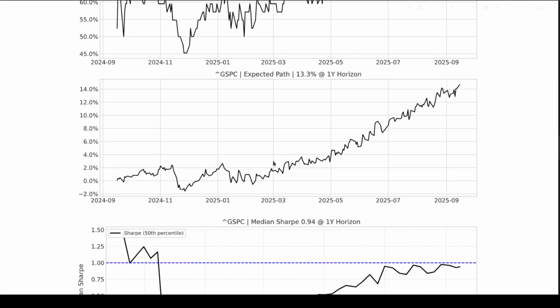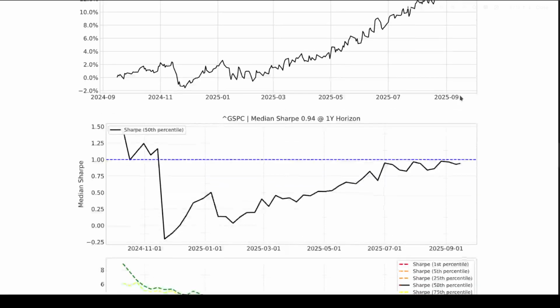And your median path is also up to basically May 2025. You're sort of just flat, and you're expecting a flat return. Obviously, the actual return is not going to be exactly this line, but your expectation is something like a flat return, and then it accelerates out, right?